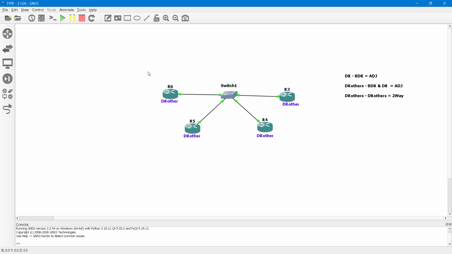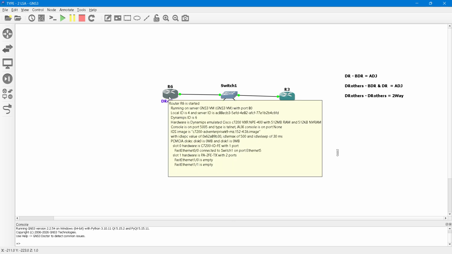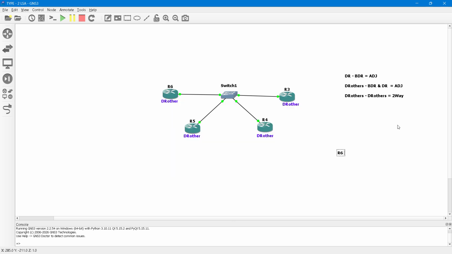So now in this topology, we only have DR others. Now you will understand how they'll act. Now let's suppose R6. R6 will make a two-way state with R3, R4 and R5, right?